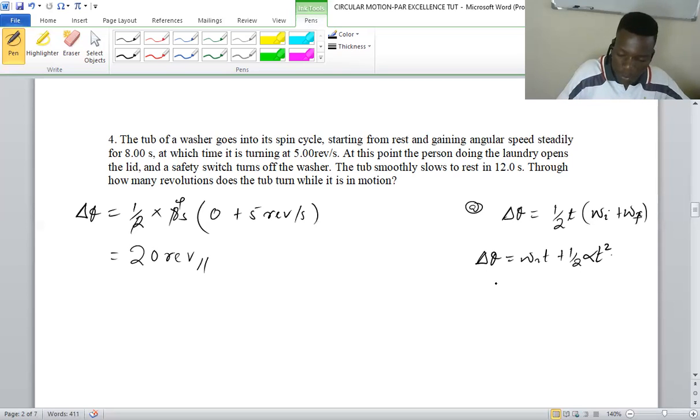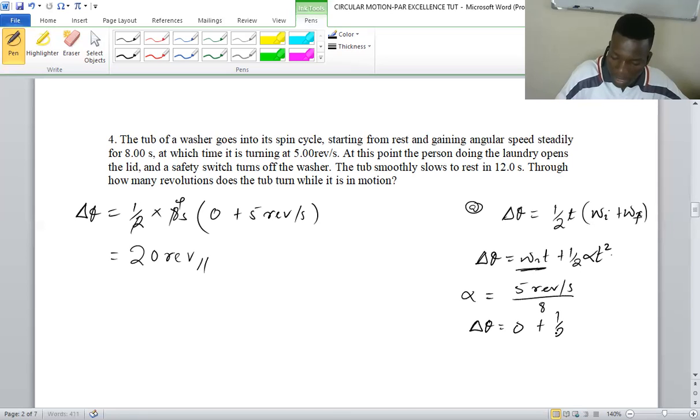So we can also use this one and ask, what is the angular acceleration? Angular acceleration is going to be 5 rev per second divided by time, 8 seconds. So the angular displacement is going to be, here we have a 0, and then we have a half times 5 rev per second over 8, times time, which is 8 squared.